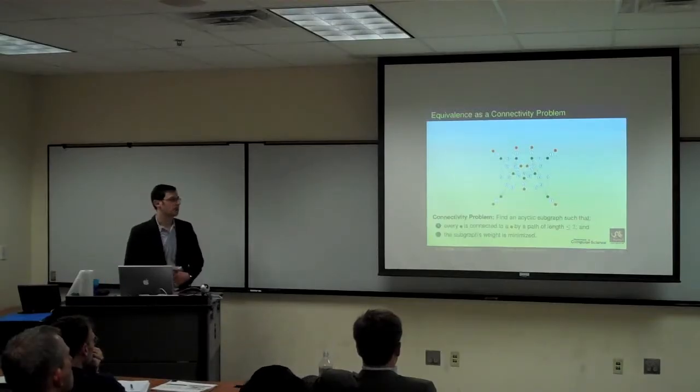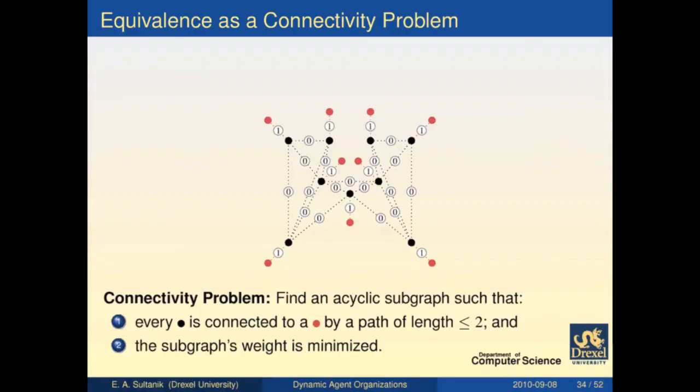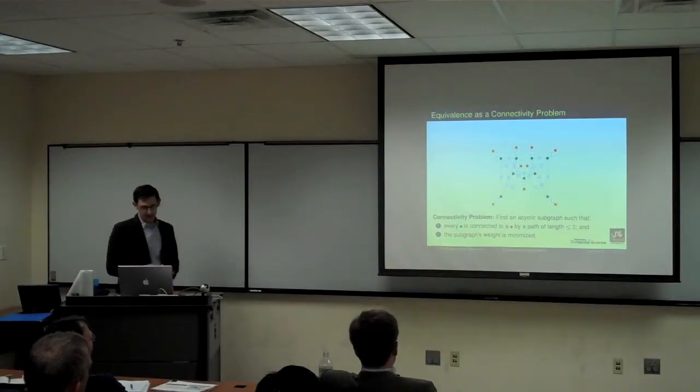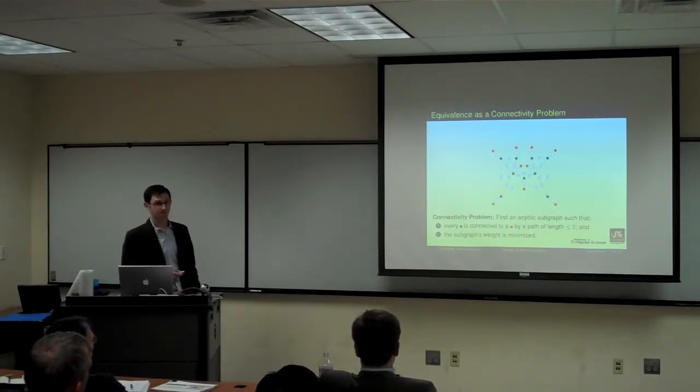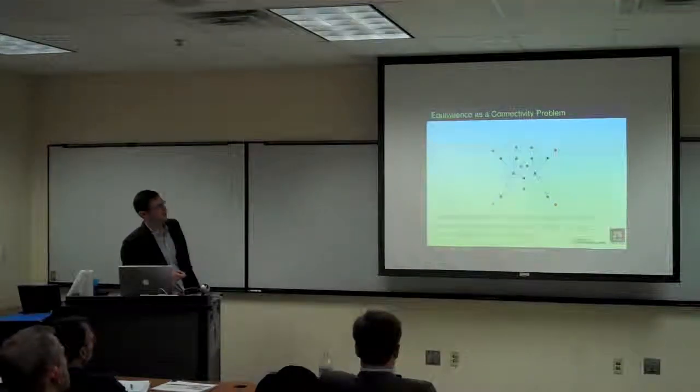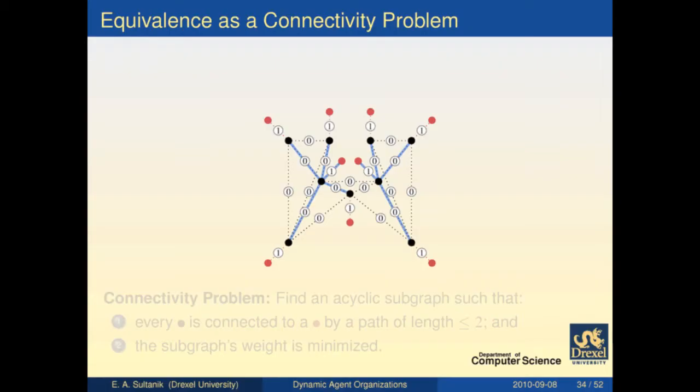Then the connectivity problem is to find an acyclic subgraph such that every regular vertex or guard location is connected to a guard vertex by a path of length, or in this case weight, less than or equal to 2. And that subgraph's weight is minimized. So to give you an example here, this is a solution to the connectivity problem.